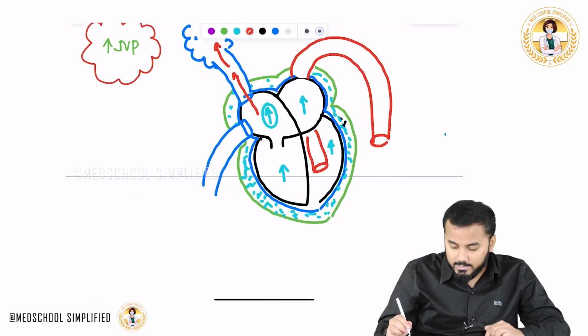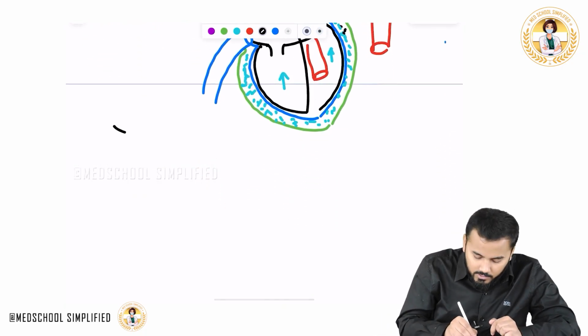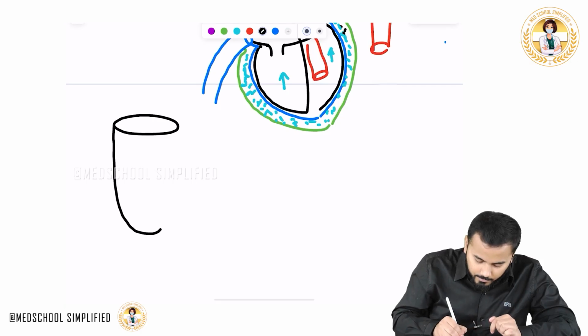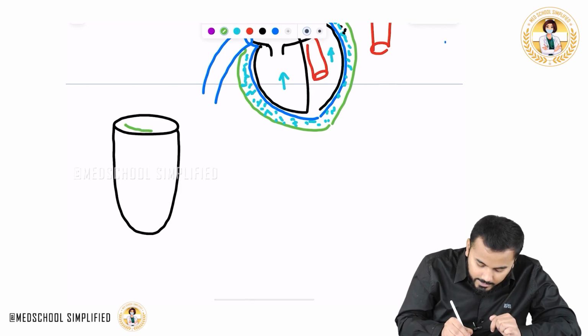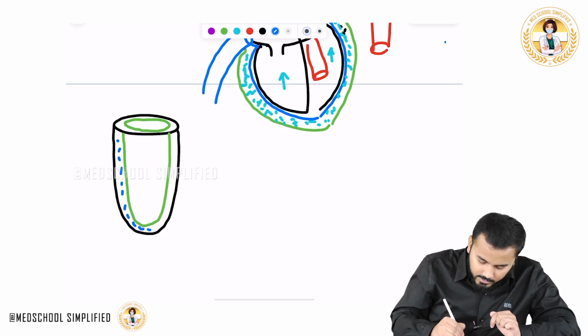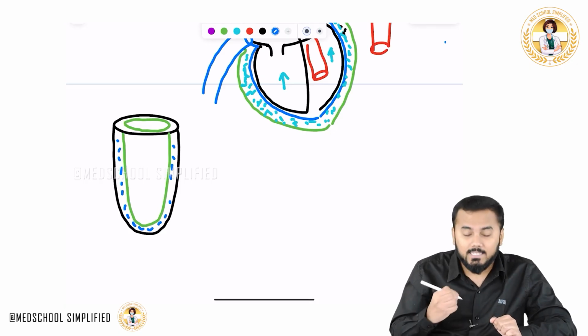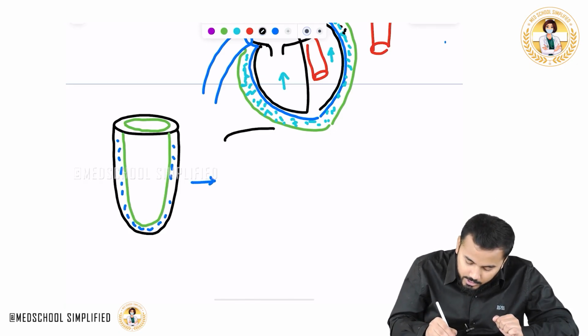The second important point is that previously this was a ventricle, a ventricular cavity, with fluid present within the ventricle. Now because of the excess amount of fluid, what has happened to the patient?